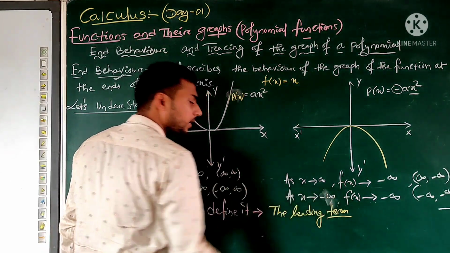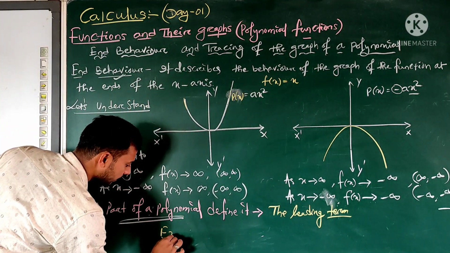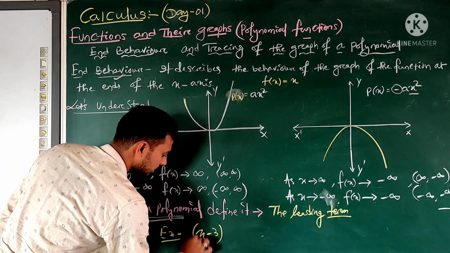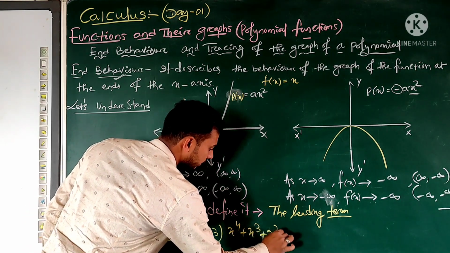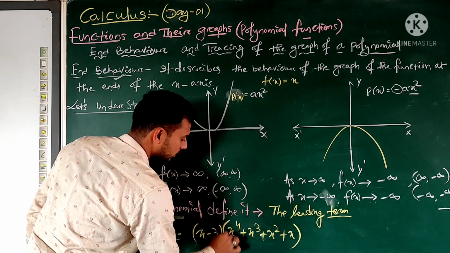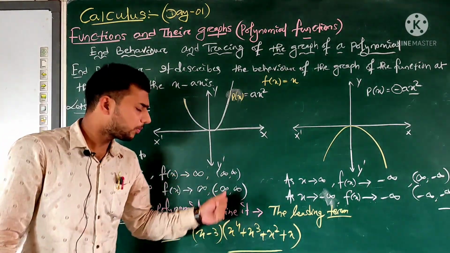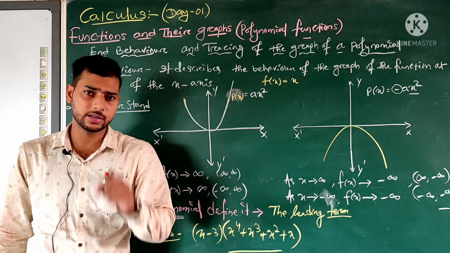The leading term. What does it mean by the leading term? Let us take a small example of a polynomial. We can say (x minus 3) into (x^4 plus x^3 plus x^2 plus x). So this is one polynomial we have considered. Now which term of this polynomial is going to act as the leading term?